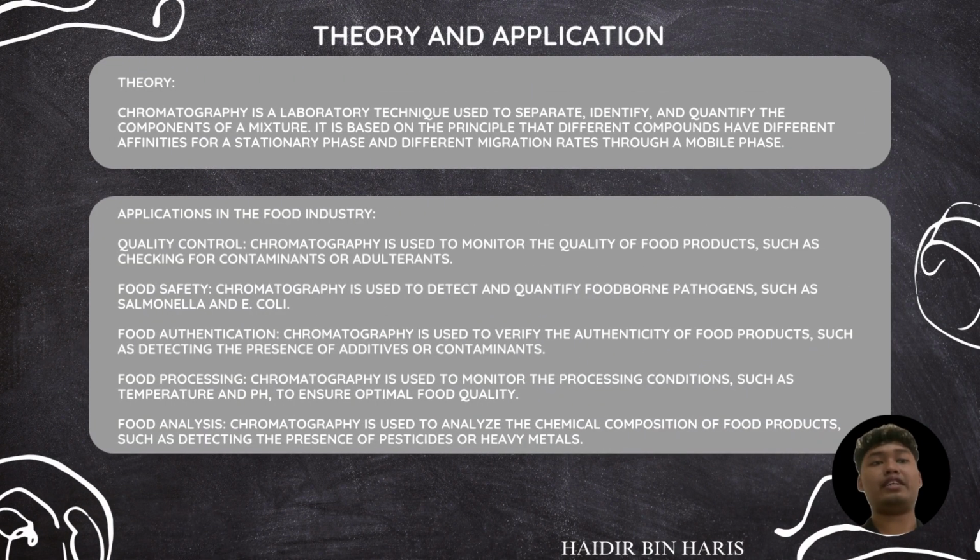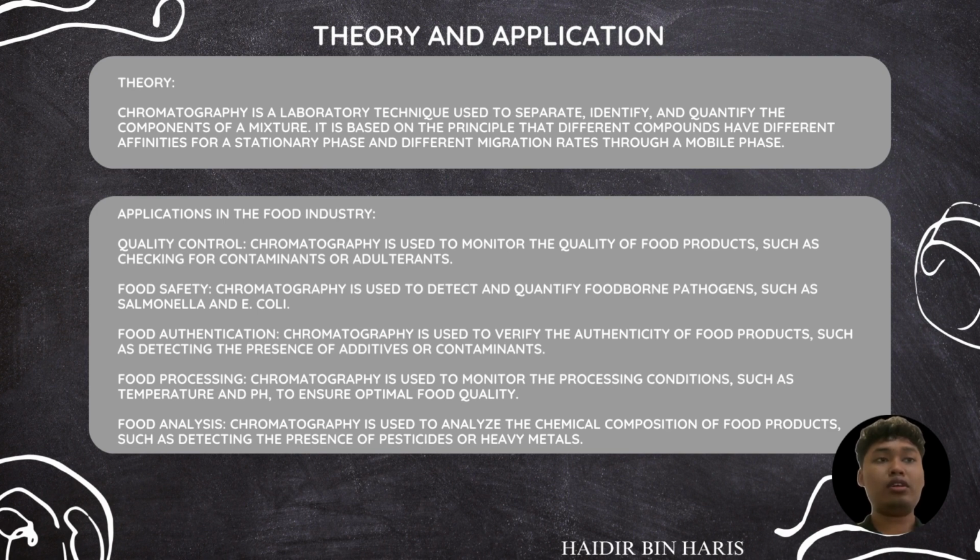Theory and application: chromatography is a laboratory technique used to separate, identify, and quantify the components of a mixture. It is based on the principle that different compounds have different affinities for a stationary phase and different migration rates through a mobile phase. In the food industry, chromatography is widely used for various applications.